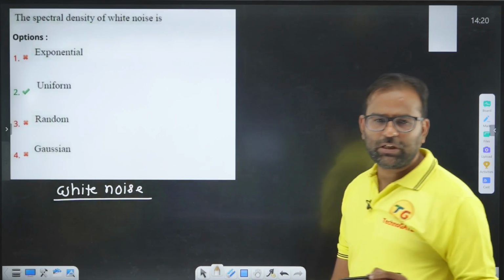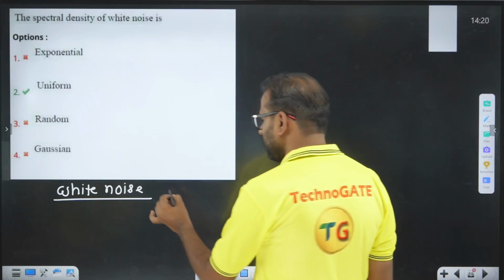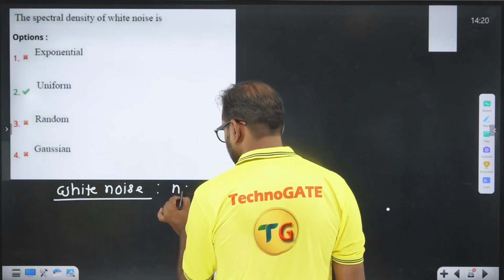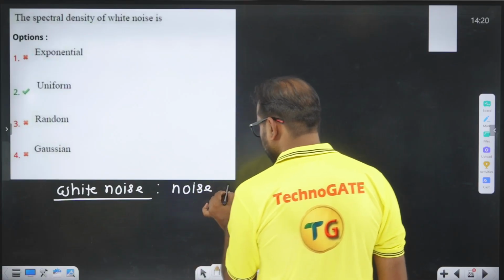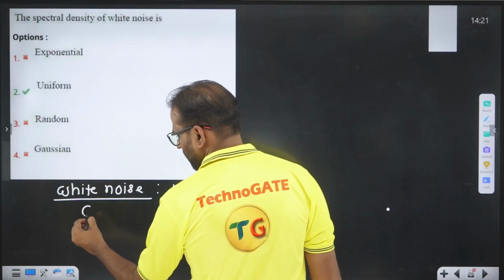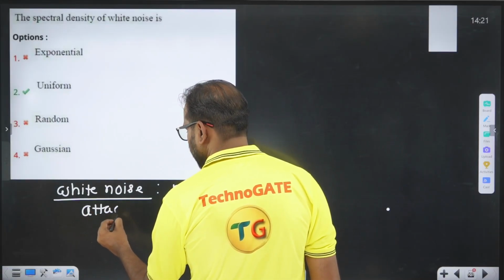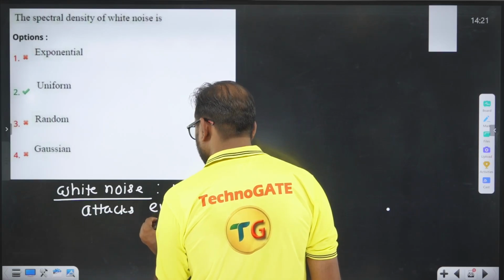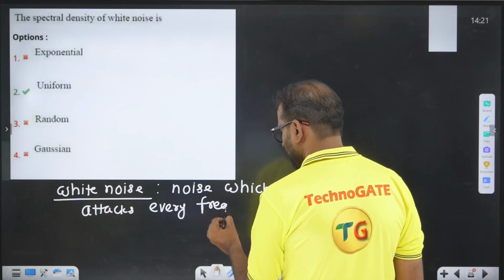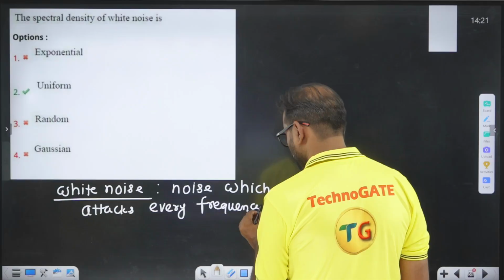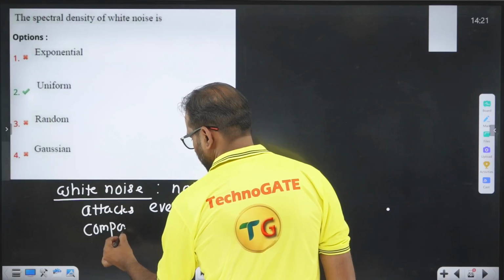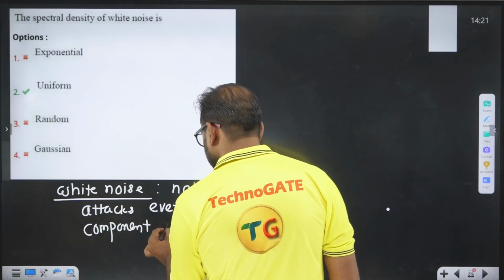White noise is a hypothetical noise, meaning the noise which attacks every frequency component with the same intensity.